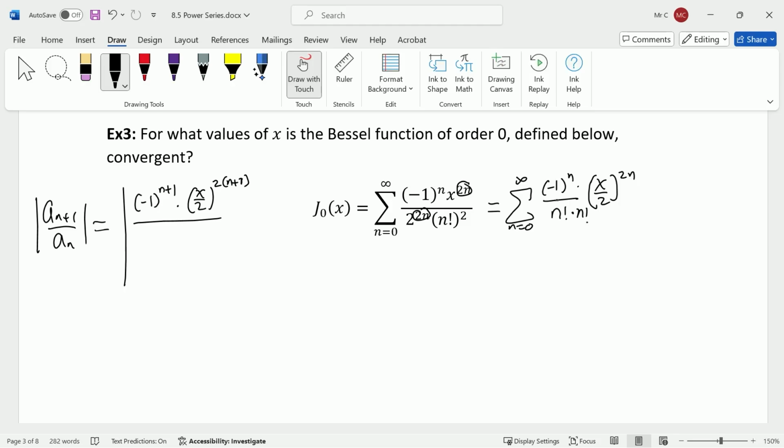And so down here I've got n factorial times n factorial, so it becomes n plus 1 factorial times n plus 1 factorial, all over negative 1 to the n times x over 2 to the 2n over n factorial times n factorial.